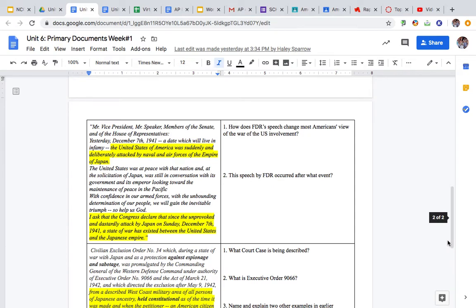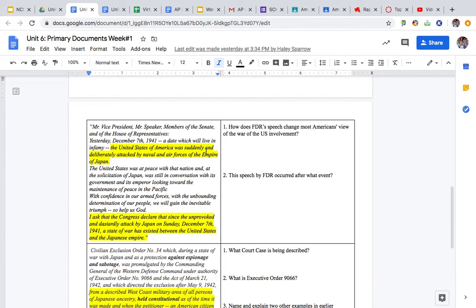Okay, third document. Mr. Vice President, Mr. Speaker, members of the Senate and the House of Representatives, yesterday, December 7th, 1941, a date which will live in infamy, the United States of America was suddenly and deliberately attacked by naval and air forces of the Empire of Japan. The United States was at peace with that nation and, at the solicitation of Japan, was still in conversation with its government and its emperor looking toward the maintenance of peace in the Pacific.